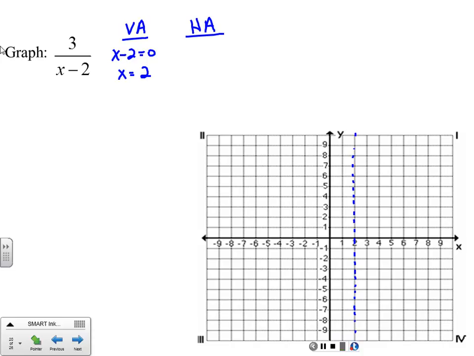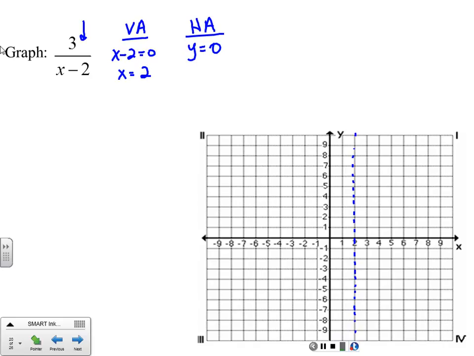All right, so your horizontal asymptote. For your horizontal asymptote, what do you think it's going to be? It's going to be y equals something. Why is it 0? There is no variable in the numerator. Very good. Since there's no variable in the numerator, your horizontal asymptote is 0.